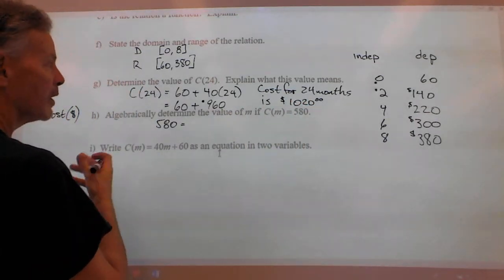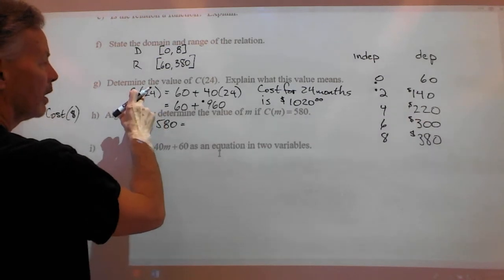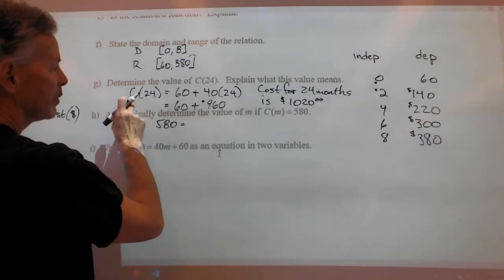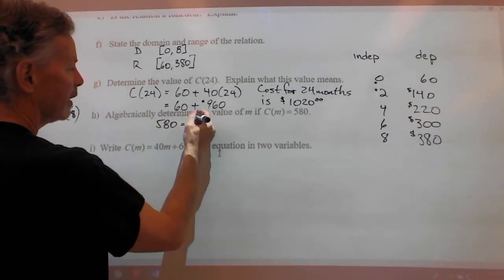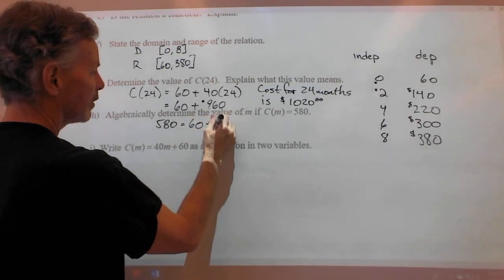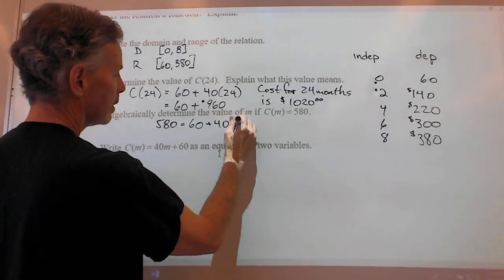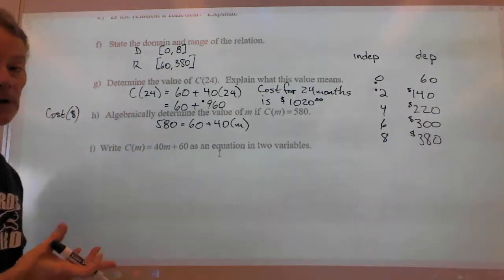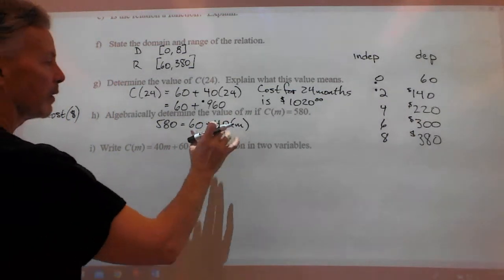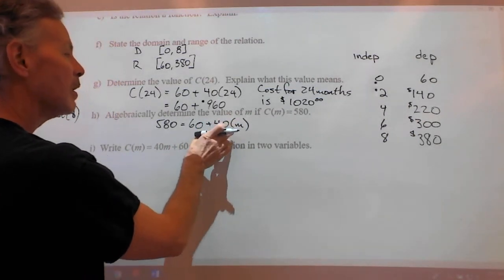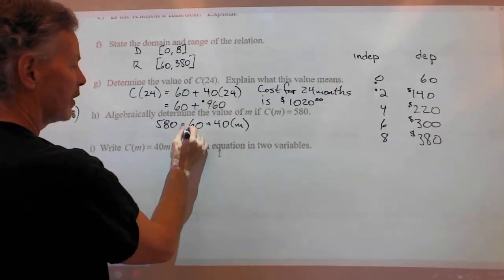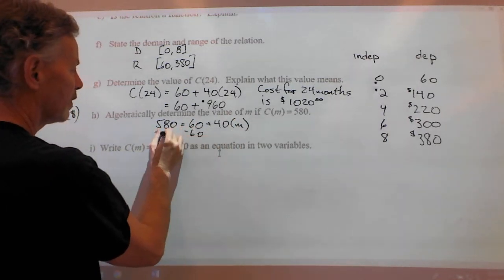So then our equation becomes C at M, which is 580, equals 60 plus 40M, or $40 per month. How many months would that be? We just have to isolate it. So we're going to take away 60 from both sides.